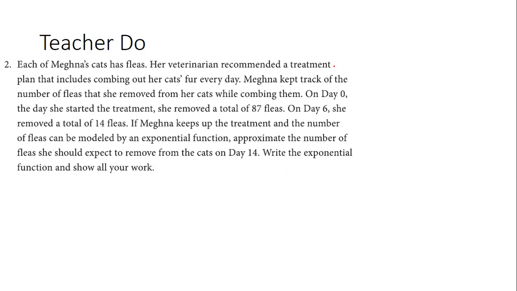So let's go through and mark our text. On day 0, we have 87 fleas. On day 6, she has 14 fleas. So they're declining. The medicine is working, right? And it wants us to find out day 14 and create an exponential function, right? Agreed? All right. So I'm going to help you set up the table, but then I want you to look at our example 2 and go from there, okay?